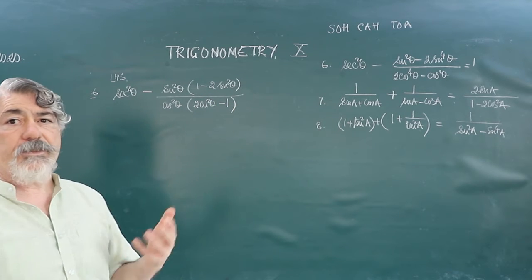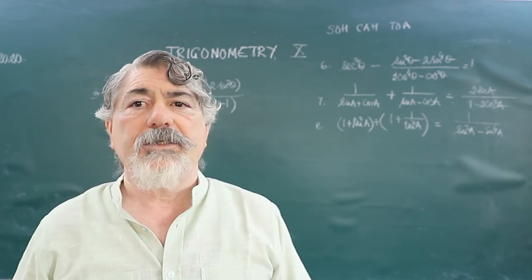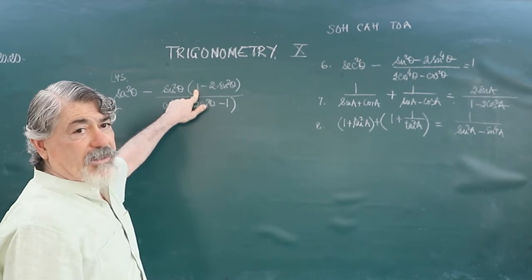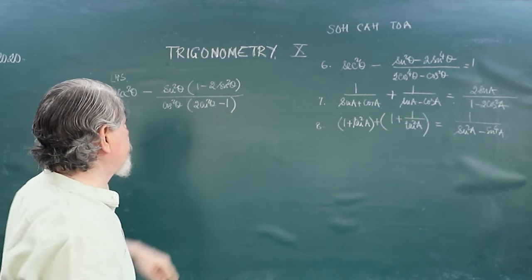It's somewhat like the question which we did just now. In place of 1, I'll write sin square theta plus cos square theta.